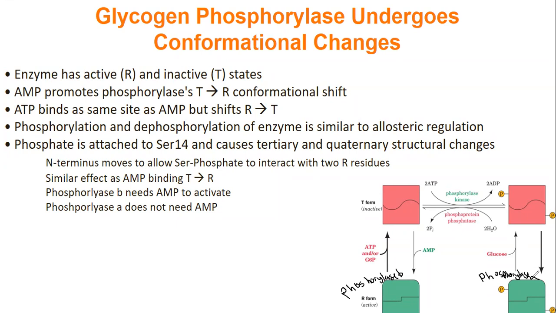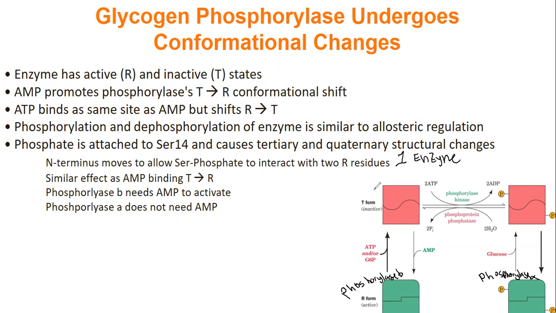Let's take a look at the picture in the bottom right that's showing this. One thing to note, even though this has 4 boxes, this is just one enzyme. Each one of these boxes is a different state of one enzyme. So we're not looking at 4 enzymes, we're looking at one enzyme.